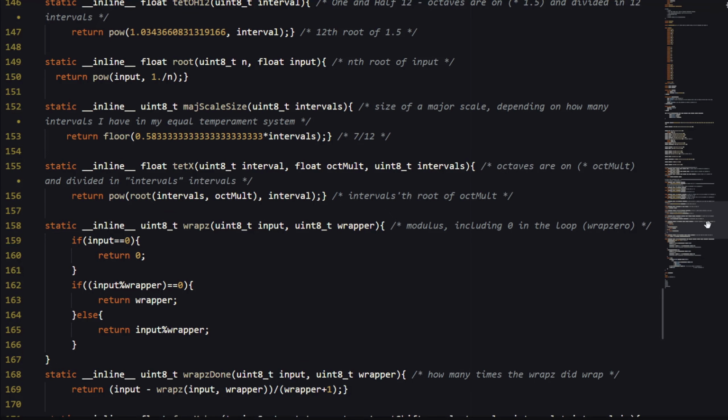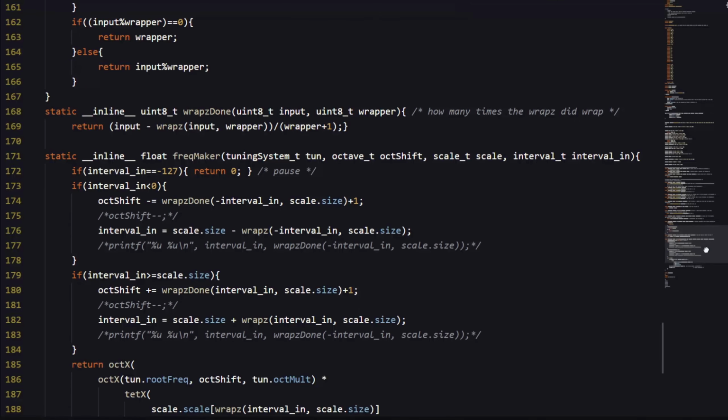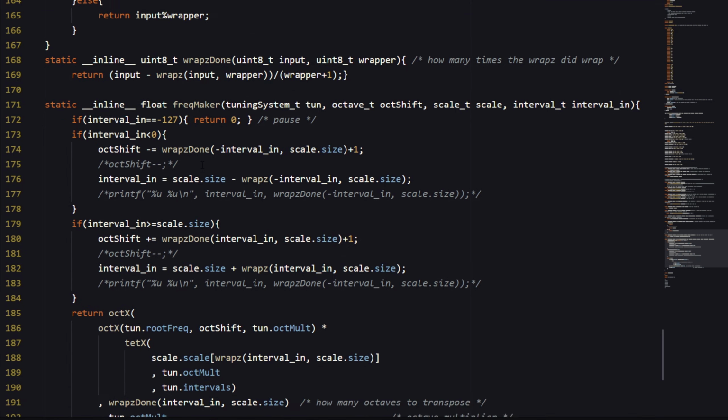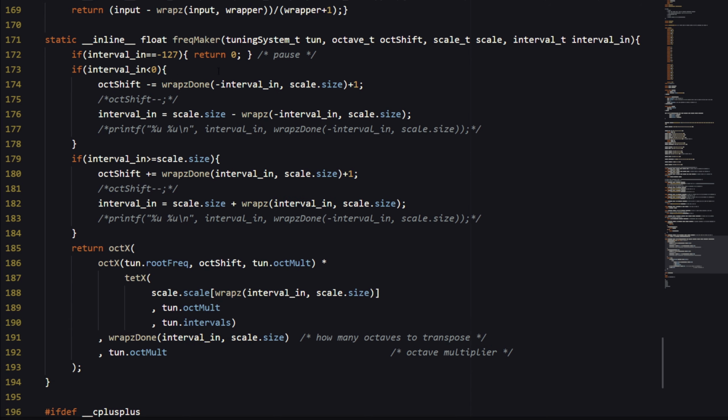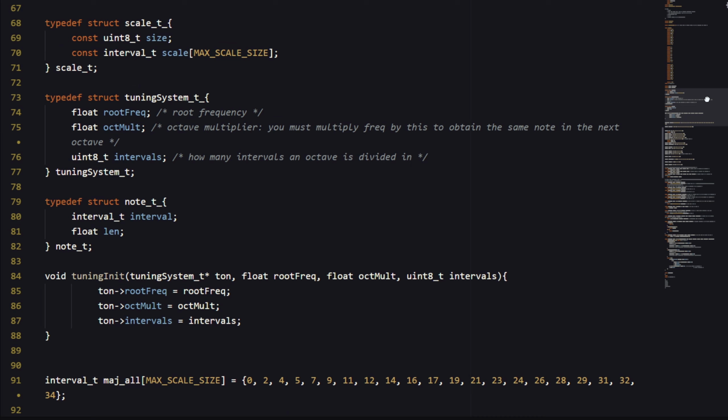And so I am basically building the frequency starting from the tuning system, and the tuning system is this thing which consists of a root frequency, which is usually the A frequency.